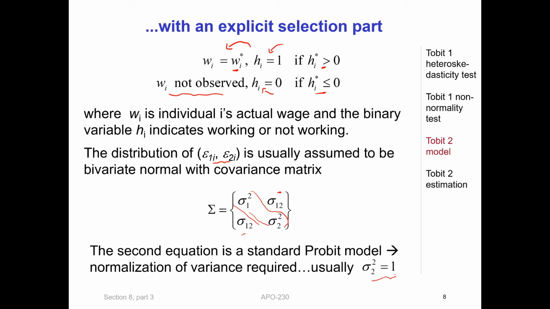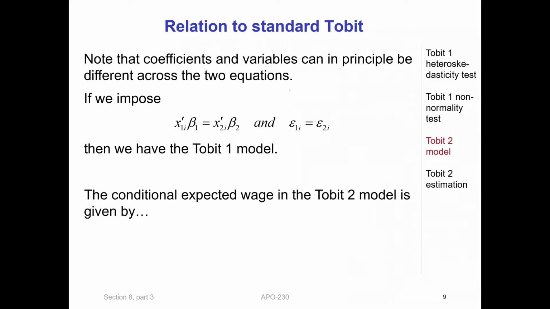Okay. So again, back here, this part is the intensity part, and this part is the participation part. The two are driven by two different sets of explanatory variables, as we have seen. This is just to repeat what I have stressed earlier, that the thing that really makes a difference here is that we allow for x2i prime to be different from x1i prime and beta1 different from beta2.